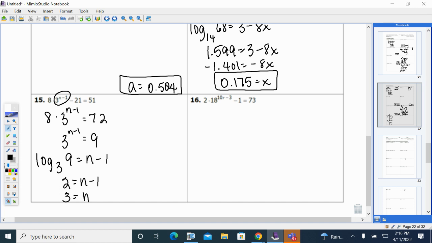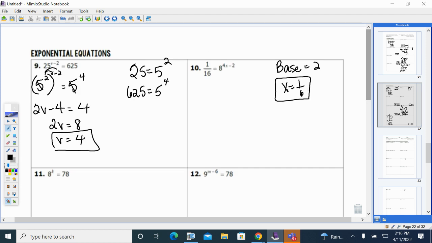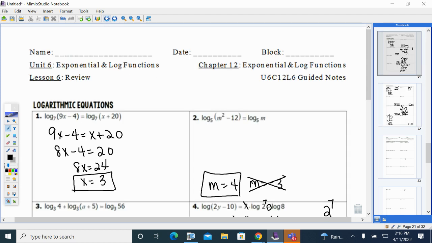You do need to check that. You've got a log in there, so please make sure that you're checking that, and it should work. Number 16 is the same type of equation. I can tell you that the final answer is R equals 0.425. So those are your notes for lesson number 6 on the review.